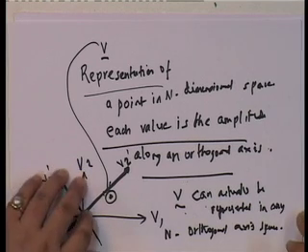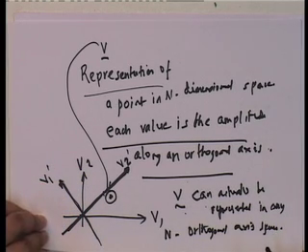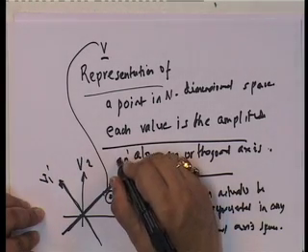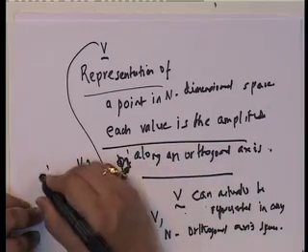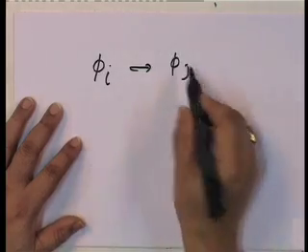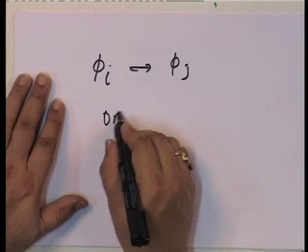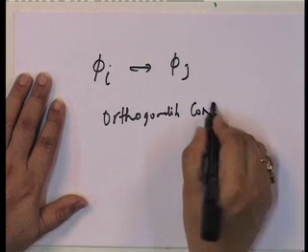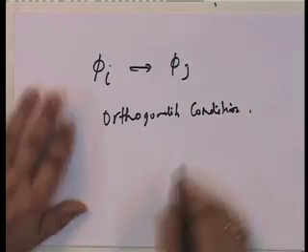Okay? So, now let us look at one such space that I know. We know that phi I is orthogonal to phi j, because they satisfy the orthogonality condition. Okay.